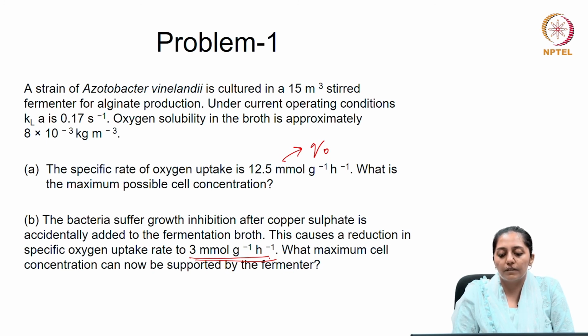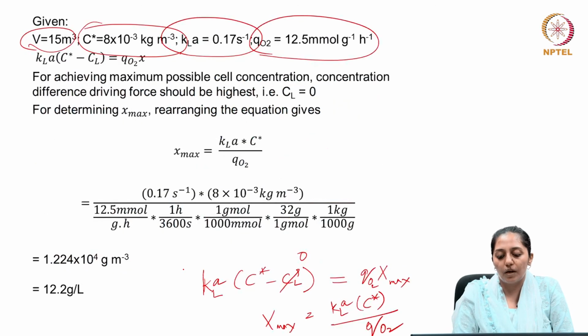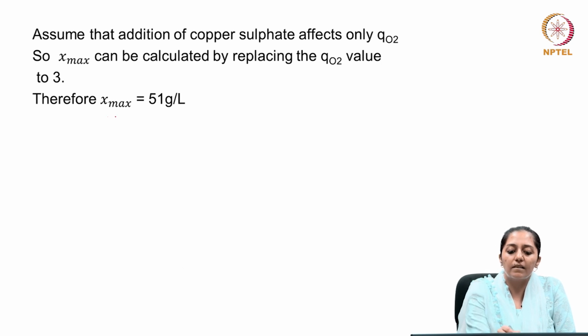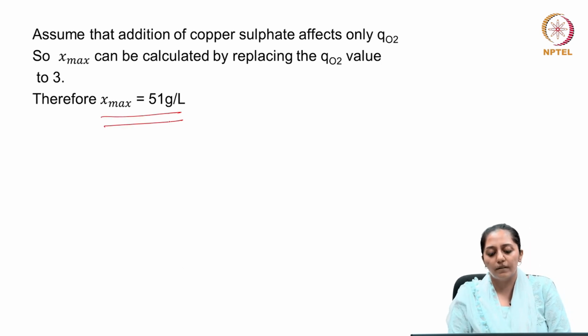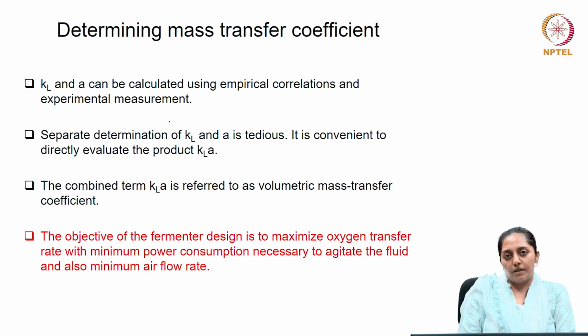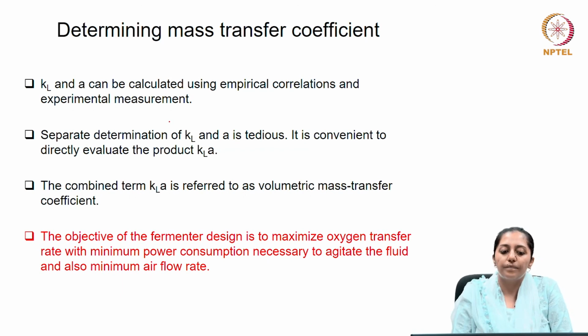So, rather than using 12.5, we will have to use the 3 millimolar value. So, if we do the substitution, then the X max changes to 51 grams per liter. Now, because the specific oxygen demand has reduced, the amount of biomass concentration which can be supported under the same conditions is increased.